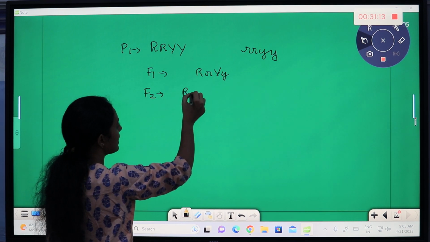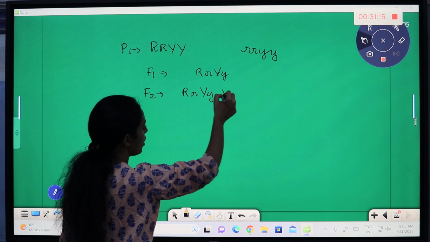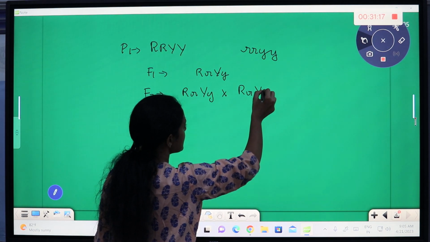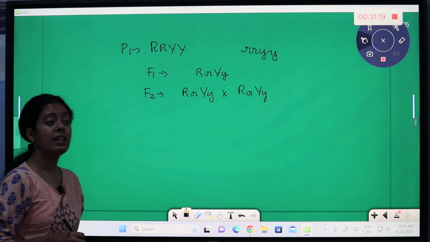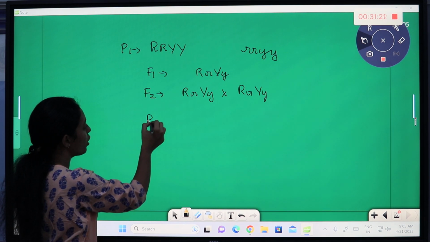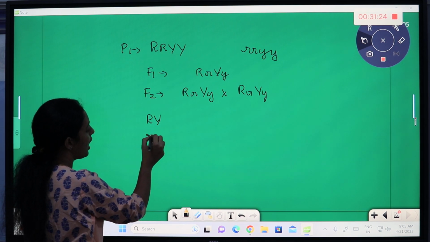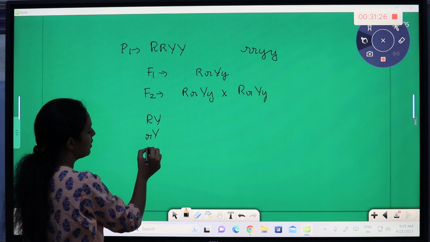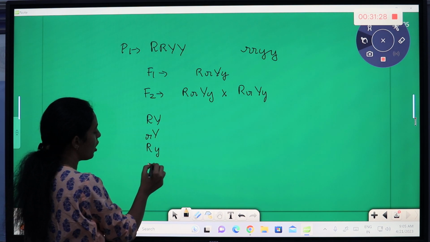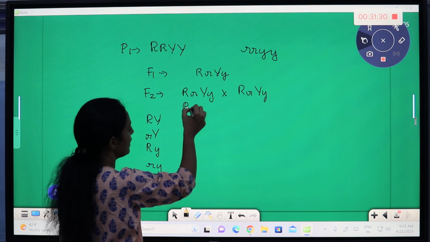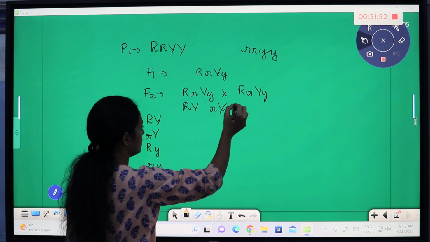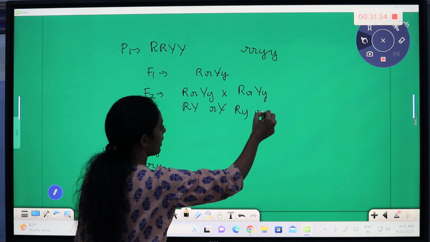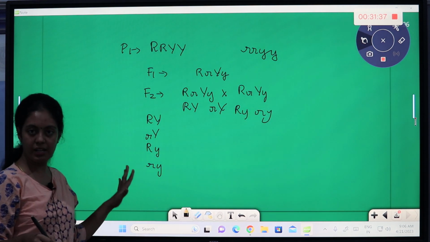F2 is capital R small r, capital Y small y, crossed with the same. Understood? Now what are the combinations of gametes? You will get 4 combinations of gametes: RY, R small y, small r capital Y, small r small y. Similarly on this side also. Please take this as homework and solve it at home.